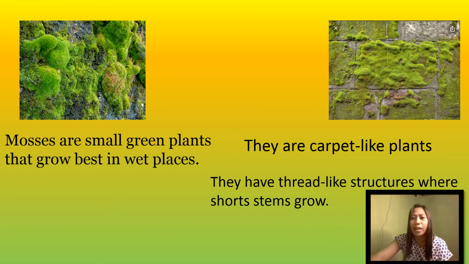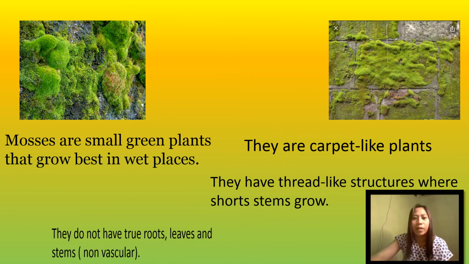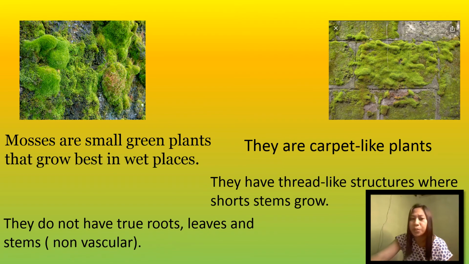They have thread-like structures where short stems grow. Okay. And they do not have true roots, leaves, and stems. So they are called non-vascular plants. So when we say non-vascular plants, these plants do not have true roots, leaves, and stems.